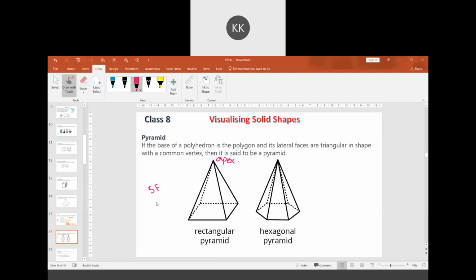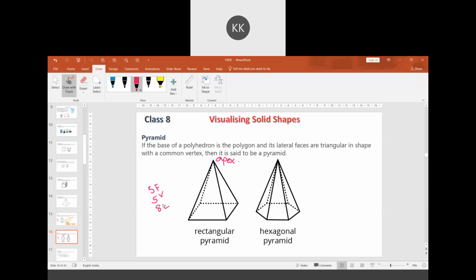There are 5 faces. How about vertices? 5 vertices are there. What about edges? 4 plus 4, 8 edges are there.